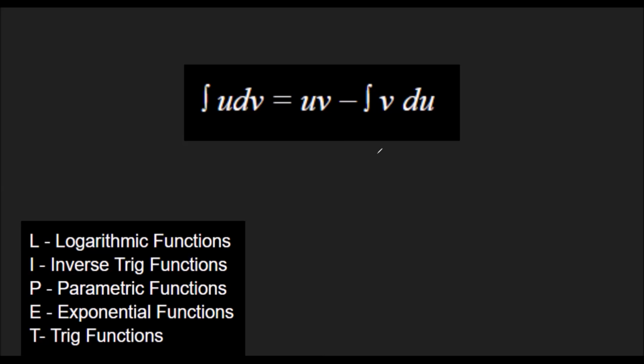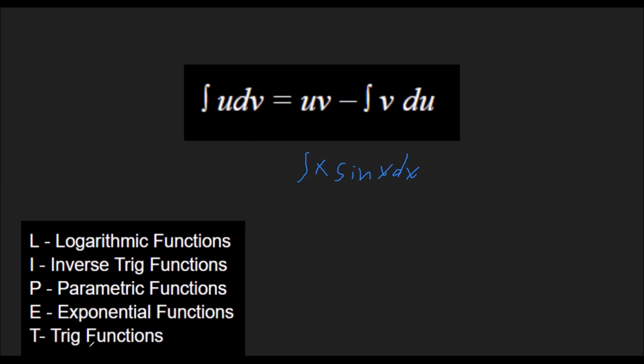And you probably don't understand anything I'm saying, so I'll just give you an example and we'll walk through it. Let's say you have the integral of x sine x. Now, we're going to want to assign one of these dv and one of these u.